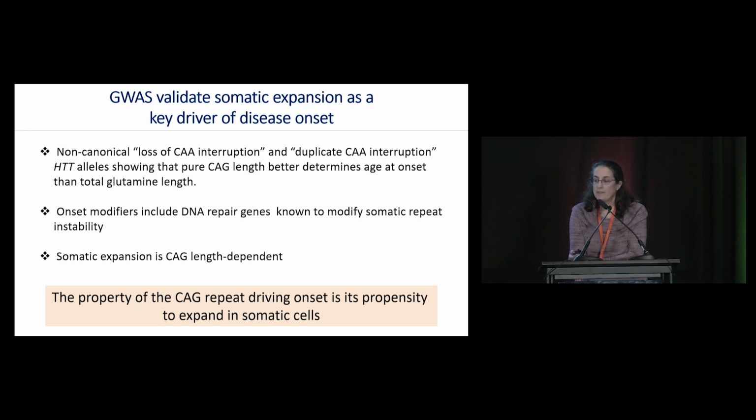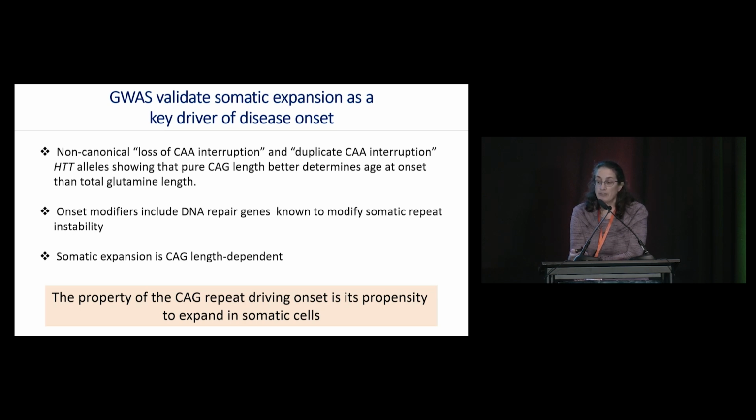There are a number of key findings that came out from the first couple of papers. As the patient size began to be increased, there was increased power to detect effects of these non-canonical alleles. The canonical Huntington allele has a CAA-CAG, the penultimate codons of the repeat. There are rare non-canonical alleles, either with loss of interruption or where this CAA-CAG is duplicated.